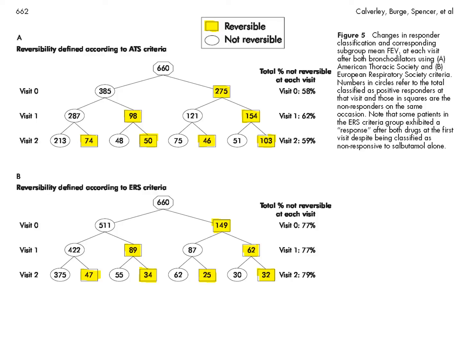So of the 660, 275 were reversible initially. Let me just highlight that. And of the ones that were reversible initially, when they were subsequently tested, some of those individuals stayed reversible, but nearly half went to not reversible anymore. And if we come down the other arm to the ones that had no reversibility, of the ones that were retested, suddenly a good proportion of them became reversible. And this is mirrored through the arms. It really is a movable feast.